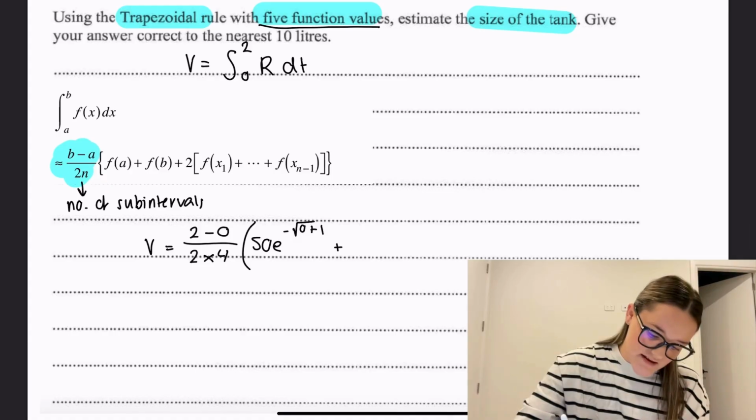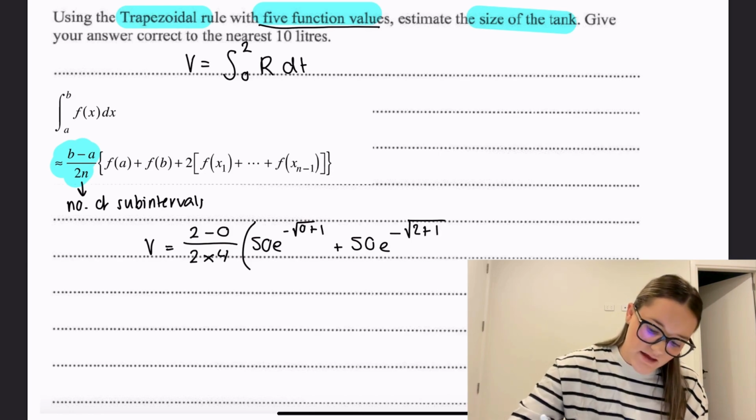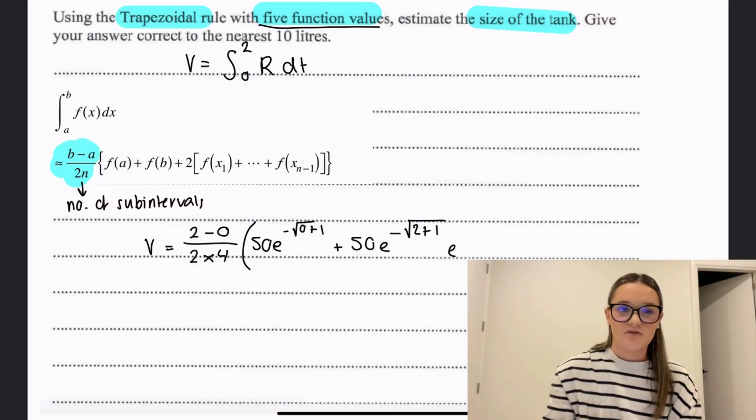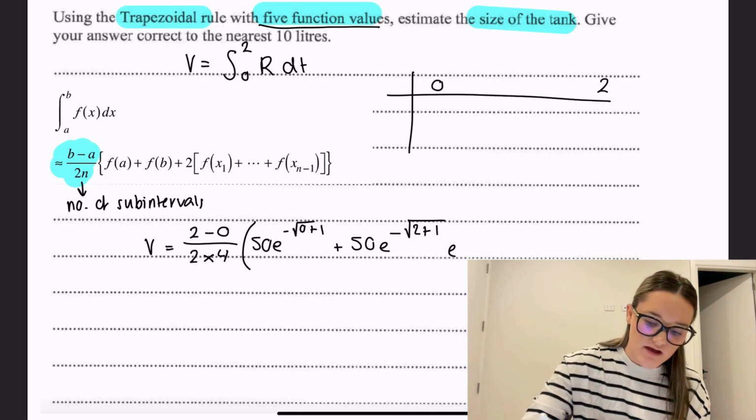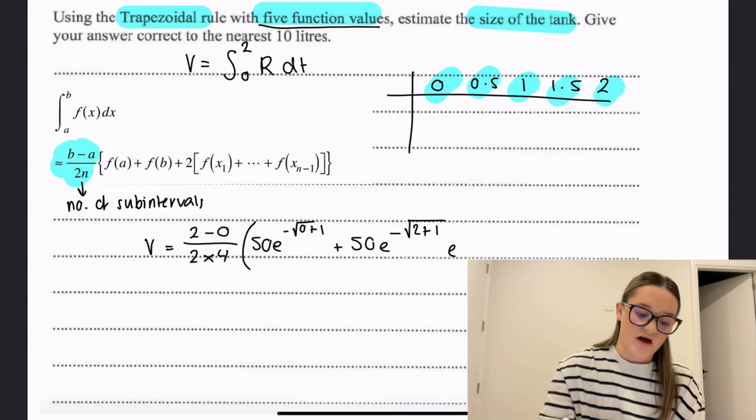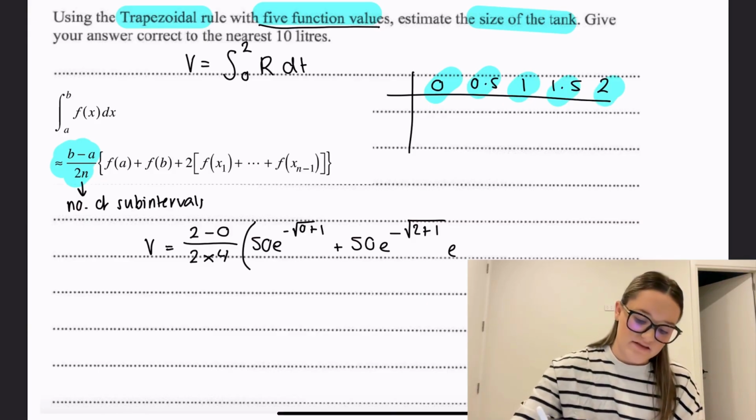Then I do it when t is equal to 2, and then I do all the ones in between. So if I want 5 function values between 0 and 2, I'm going to go 0, 0.5, 1, 1.5, and 2. These are the 5 function values that I'm using, and I'm just going to pop that into my formula.